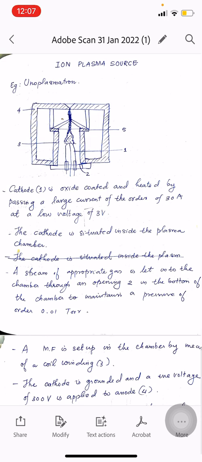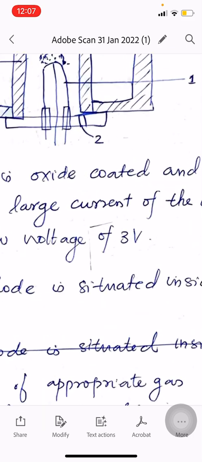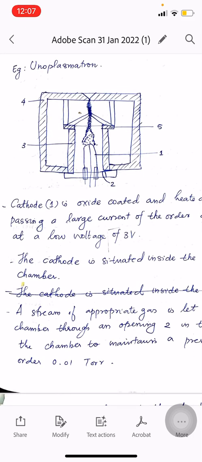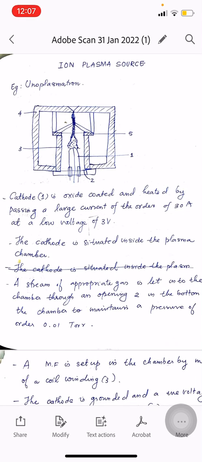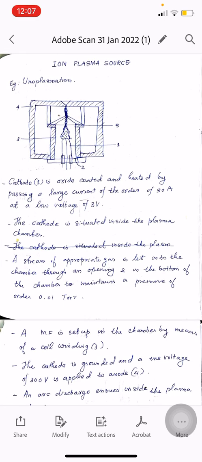A stream of appropriate gas is let into the chamber through an opening. So we have a small opening, which is marked as 2 in the figure. Through this opening in the bottom of the chamber, we maintain a pressure of the order of 0.01 torr by pumping a gas stream into the opening.